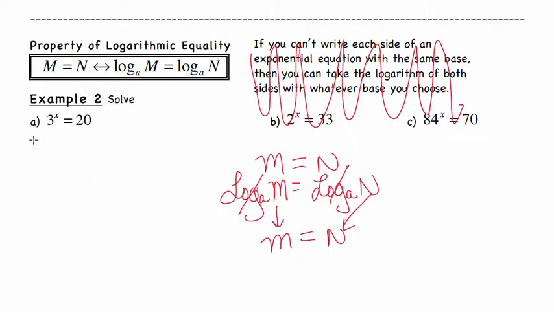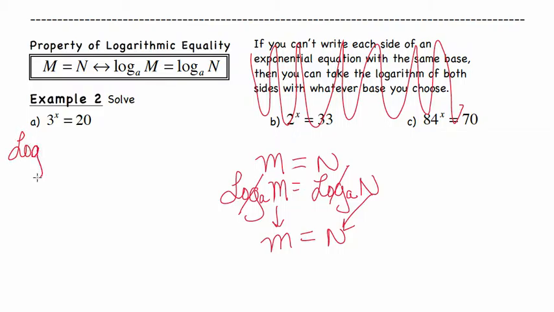So I'll show you the property used the way it's shown here, where you start with something that you end up logging on both sides. So I have 3 to the x equals 20, and I'm going to log both sides, and I'm going to use base 10.